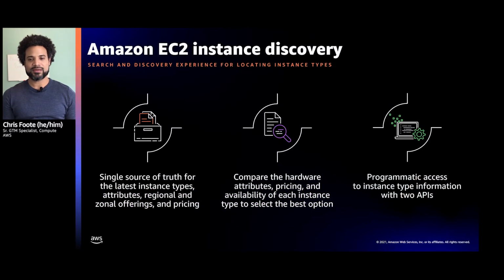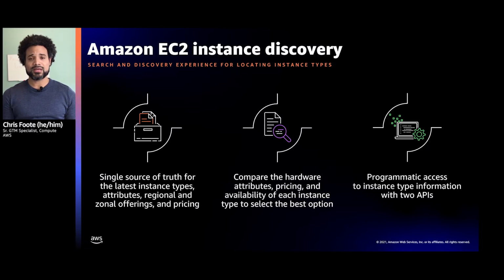What you may be thinking is, given all of these options, what kind of tools do we have to choose different instance types? The Amazon EC2 Instance Discovery tool is something we launched last year to help customers optimize performance selection for a variety of planned workloads.